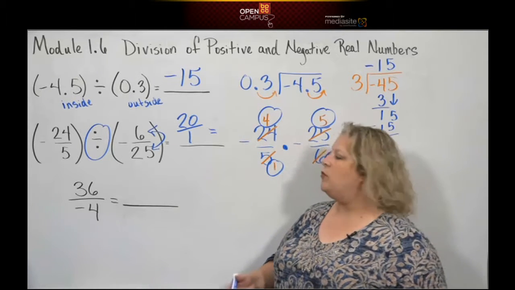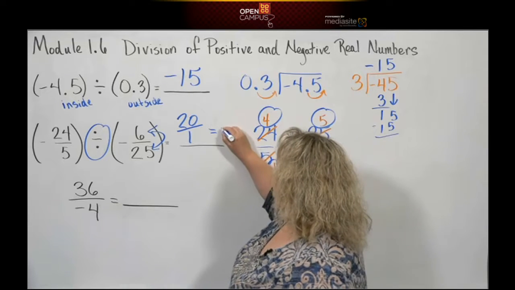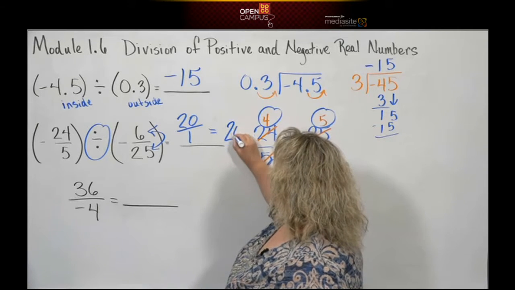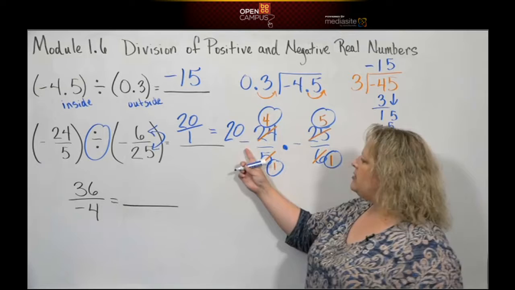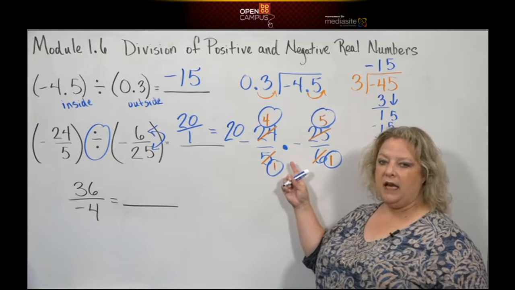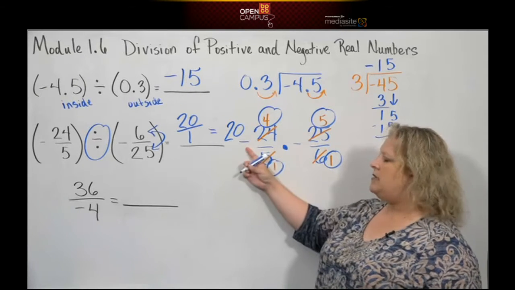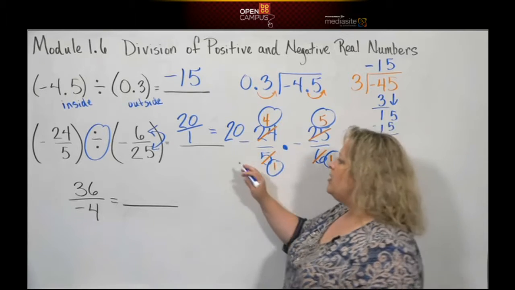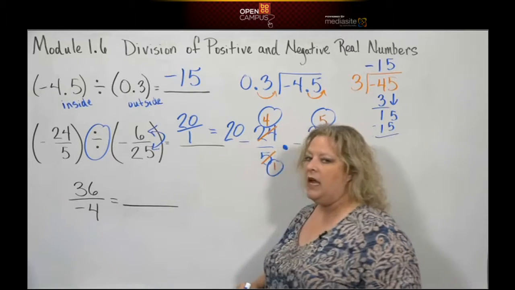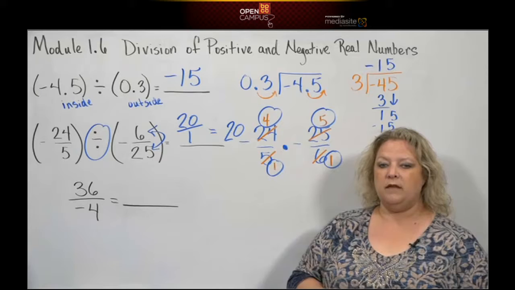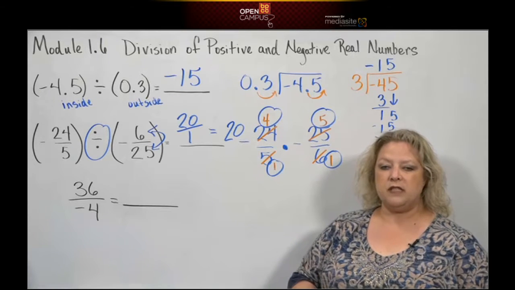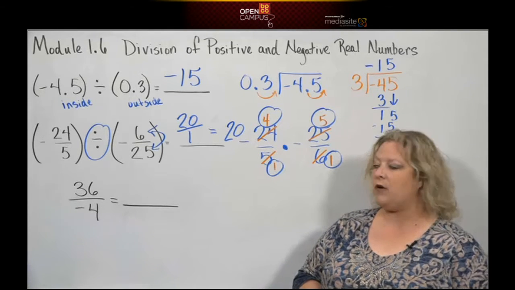Well, no, because 1 is understood. So we can just write the number 20 for our answer. And because we did a negative divided by a negative, and we flipped it, it's still a negative times a negative. So our answer is a positive 20. And if you want to put the little plus sign to remind yourself, that's fine. But you are not required to do that.